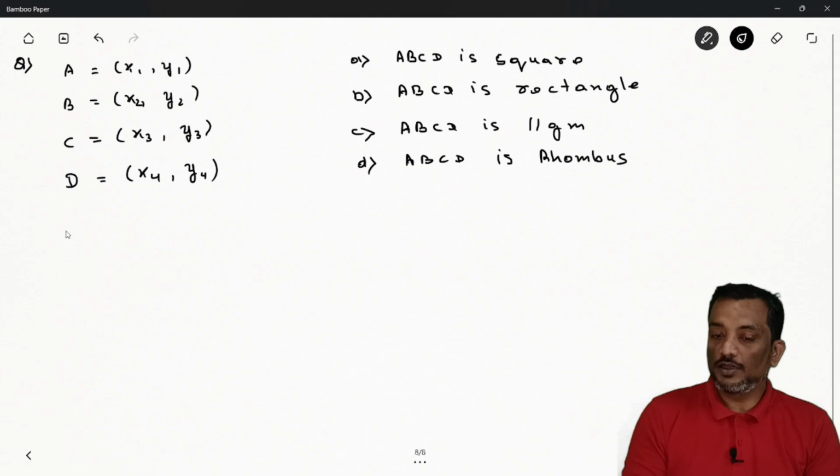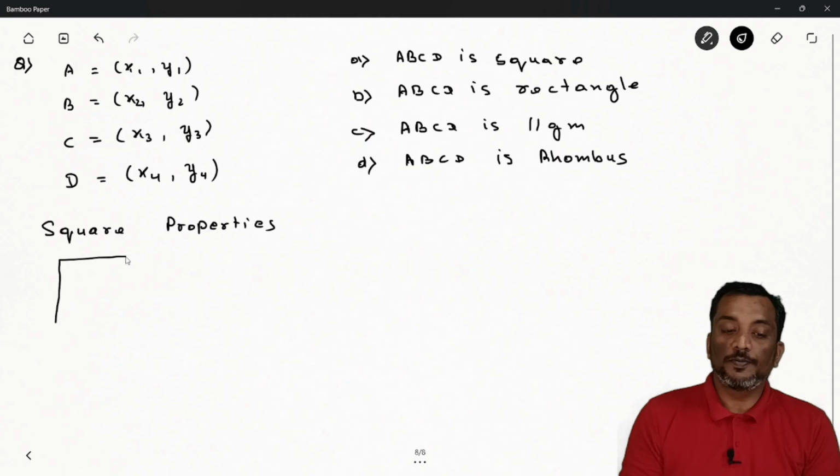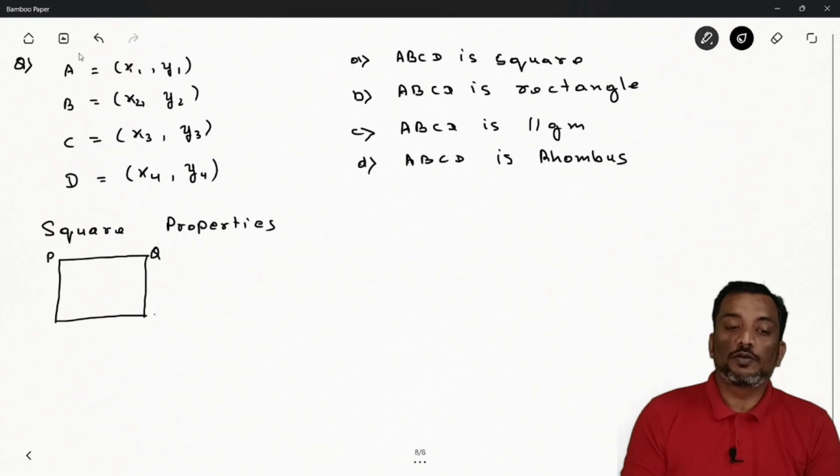If I talk about the square properties, what are they? Here I'm drawing a square. So you can see this is a square. Suppose our square's name is ABCD.